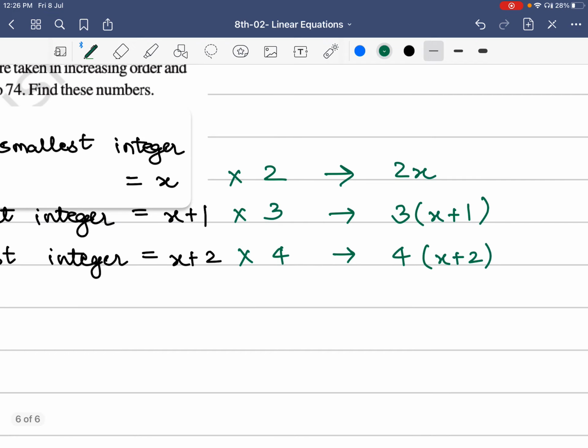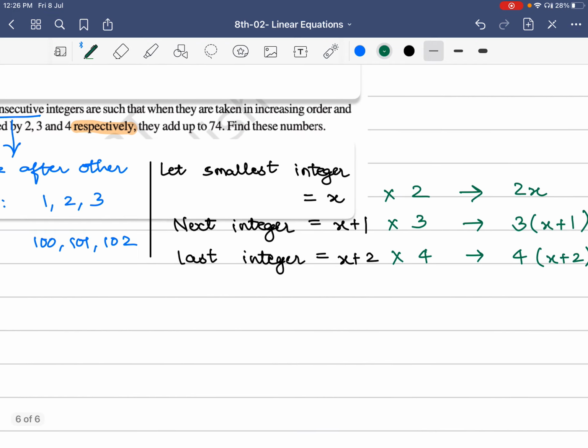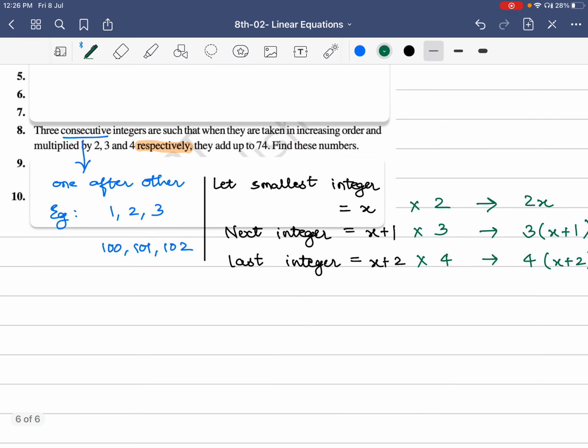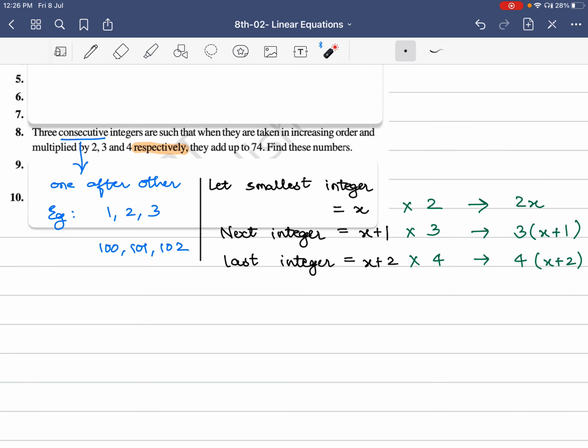So we are performing the mathematical operations as mentioned in the problem statement. First the problem statement said three consecutive integers, so we took three consecutive integers. Then they said multiplied by 2, 3 and 4 respectively, so we multiplied them by 2, 3 and 4 respectively. We got this set of unknowns, and now they're saying they add up to 74.